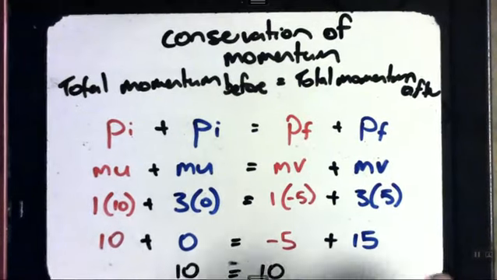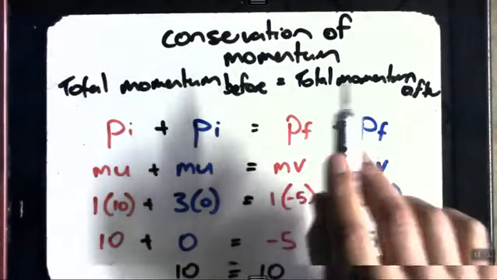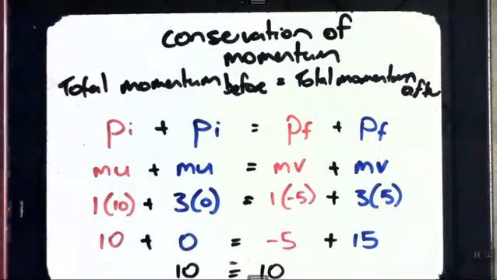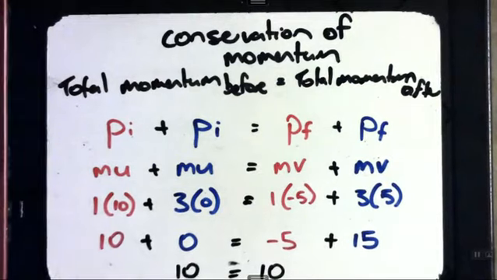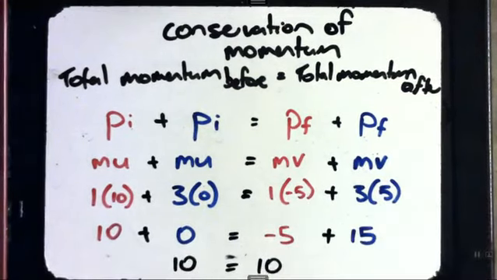Please note, it doesn't say the total momentum before is equal to the negative total momentum after. Okay, they are exactly equal. So don't confuse the fact that the changes in momentum are opposite but equal with the fact that the total momentum before is equal to the total momentum after.